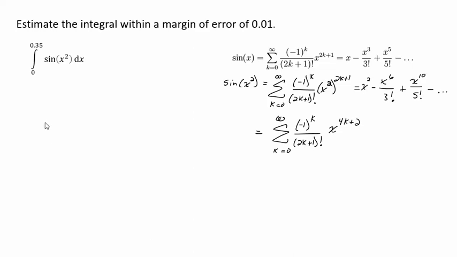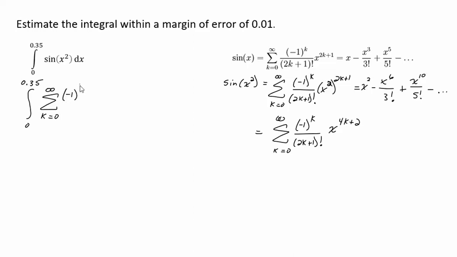All right, so now we want to go over here to our integral, and we want to replace the sine of x squared with its power series. And we could either do that in the summation notation, or we could do it with the expanded notation. And we are going to integrate that. So whichever you prefer, I think I'm going to go ahead and just do this in the summation notation.